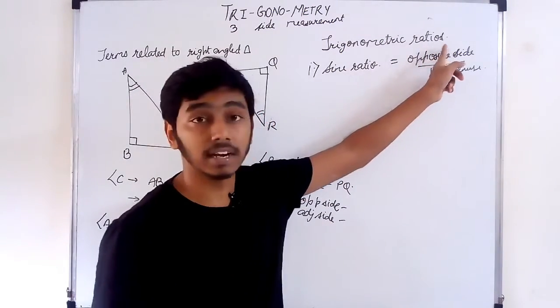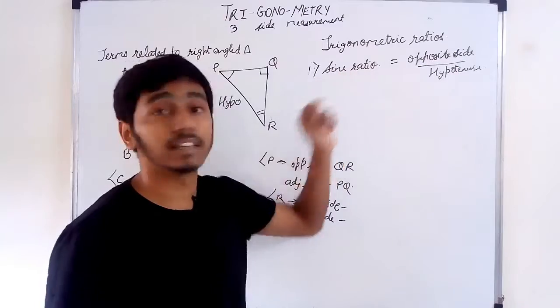So the ratio of the opposite side and the hypotenuse is called sine.